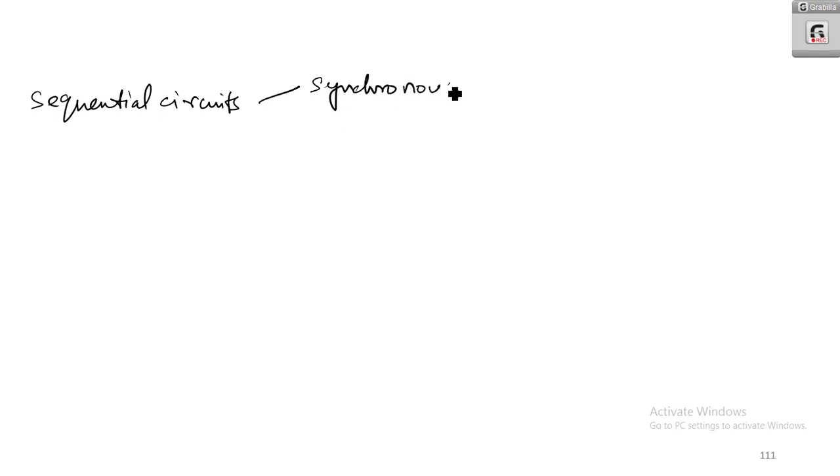Now coming into sequential circuits, that is the first introduction part. Sequential circuits are classified as synchronous sequential circuits and asynchronous sequential circuits. Now what is the specialty in synchronous sequential circuits?